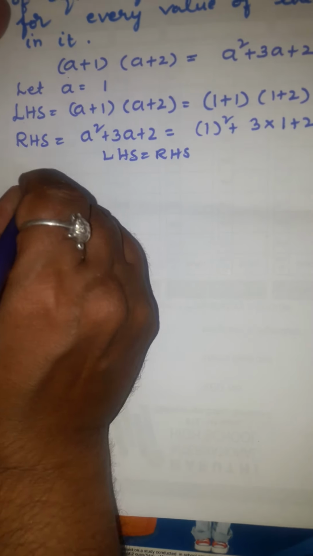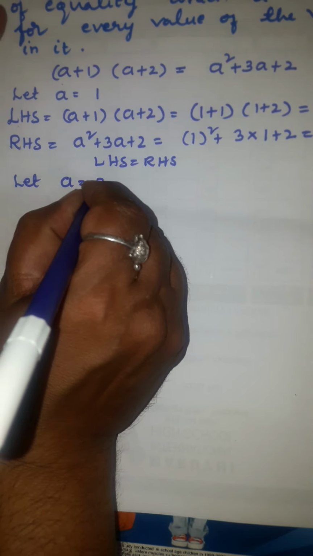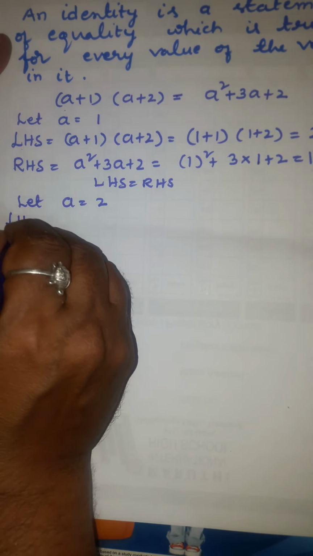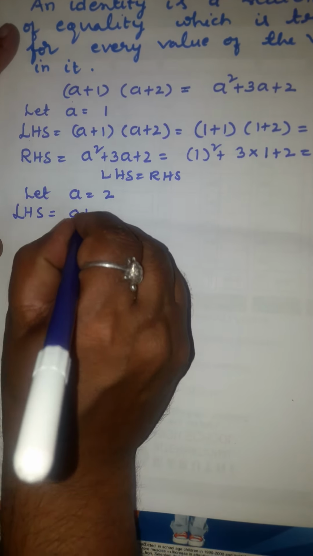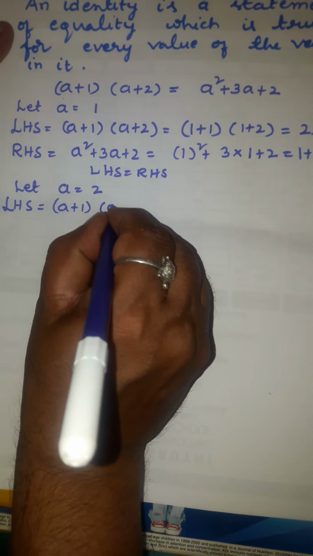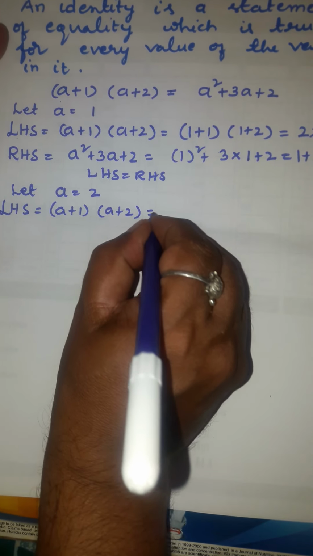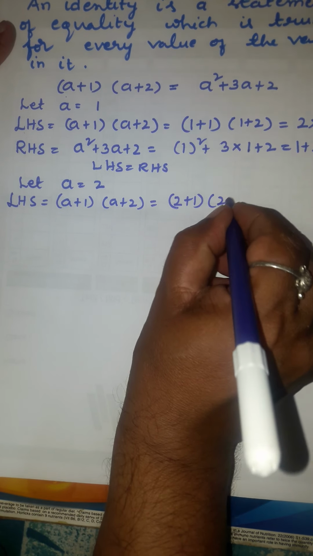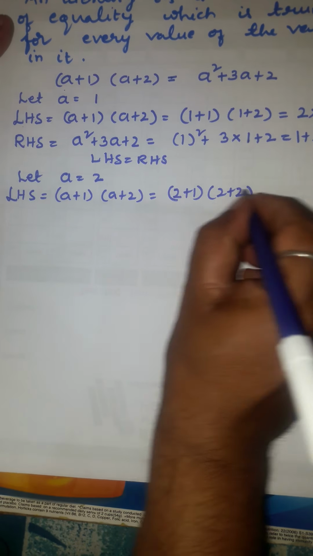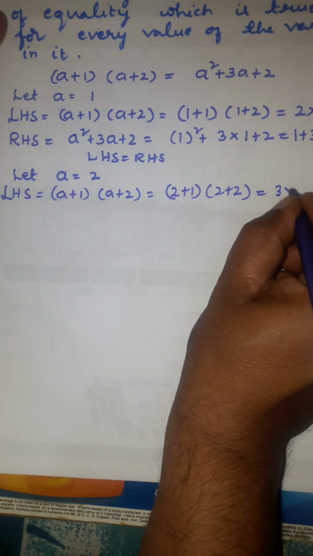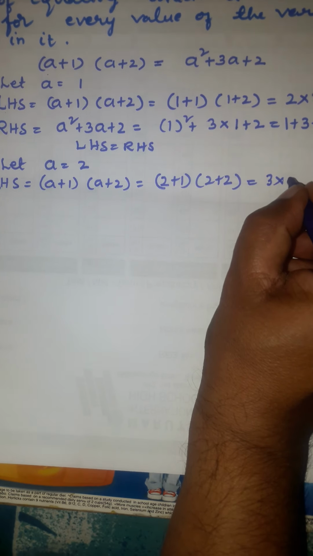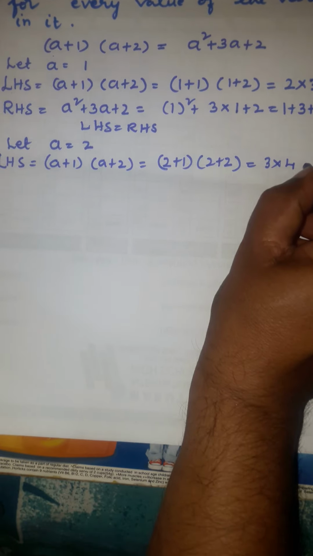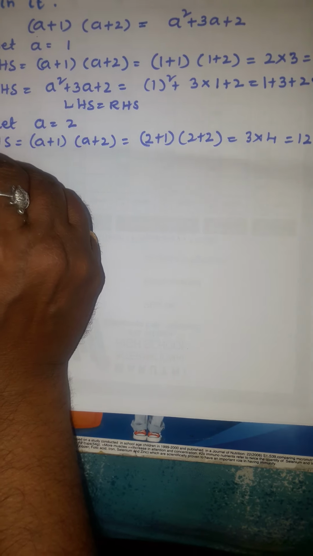Let a is equal to 2. So LHS is equal to a plus 1 into a plus 2, which is 2 plus 1 into 2 plus 2. 2 plus 1 is 3, into 2 plus 2 is 4. 3 into 4 is 12. Now RHS.